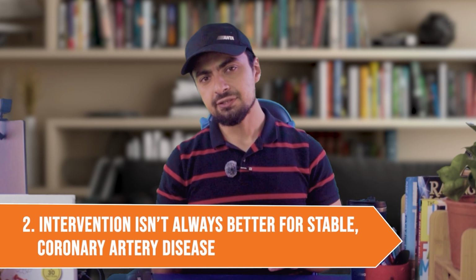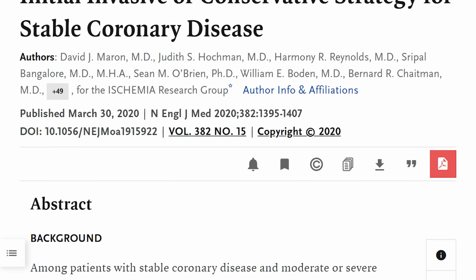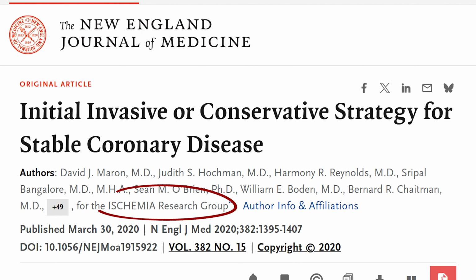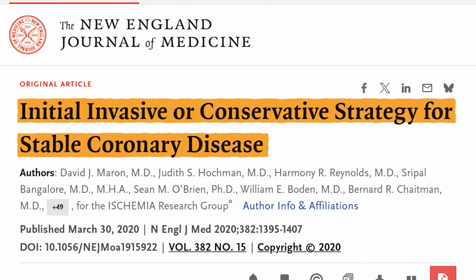Now, switching gears, what about the choice between stenting or bypass versus medical therapy in patients with stable coronary artery disease? The ISCHEMIA trial, a study that many interventionists actually dislike because it challenges the necessity of some of their procedures, is still a landmark piece of research that simply cannot be ignored. The ISCHEMIA trial looked at over 5,000 patients with moderate to severe ischemia.